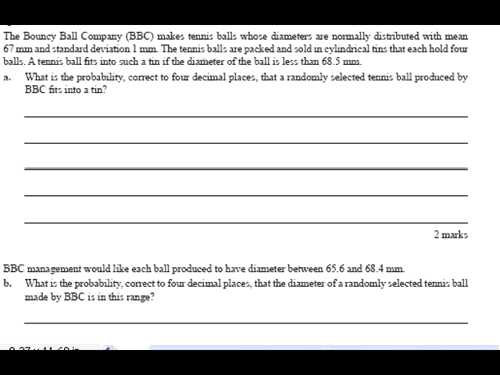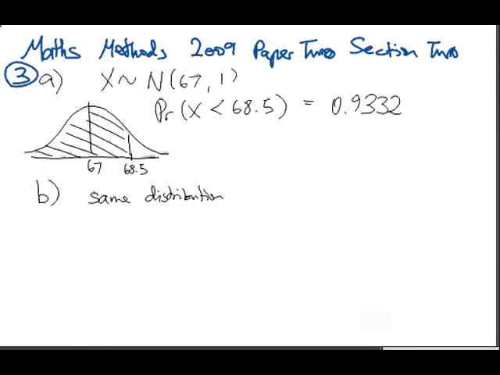So this is the same distribution, and all you want is the probability that x is between 65.6 and 68.4. Again, turn to your calculator straight off, and you'll see that you get 0.8385.